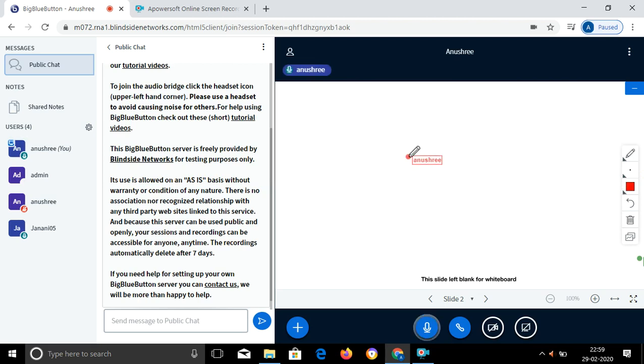So for enlargement, say we take a simple triangle. The coordinates of the triangle are given as 2 comma 1, 4 comma 2, and 2 comma 4.